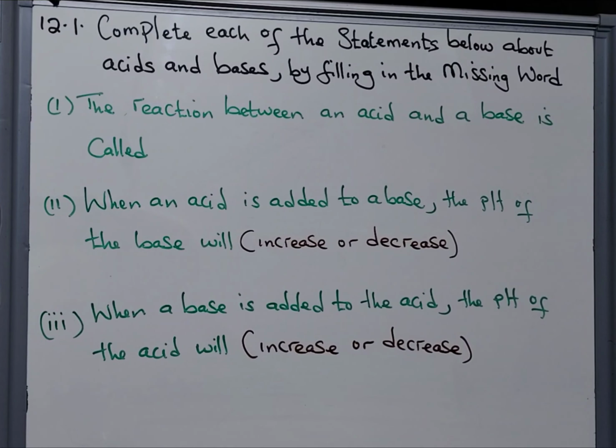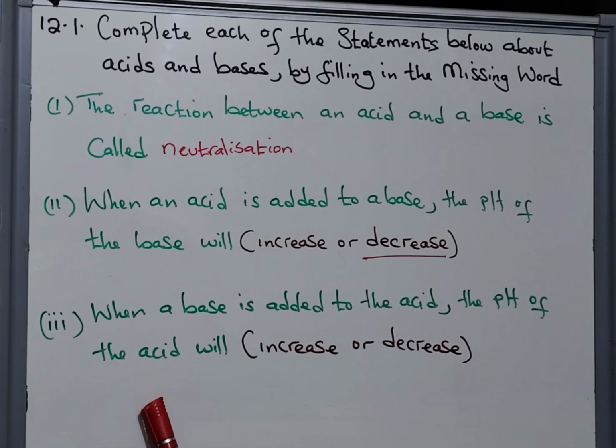So when you add an acid to a base, what happens to the pH? The pH will decrease, because the acid has a lower pH. So when you add it to a base, it will move towards the acid side, so decreasing the pH.